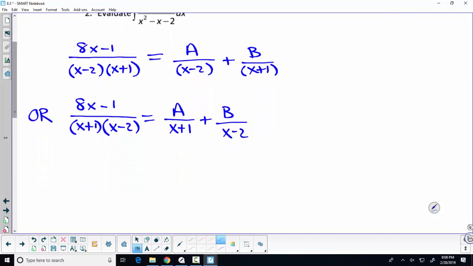Okay, so that's our setup, solve for A and B. A is 5, B is 3.